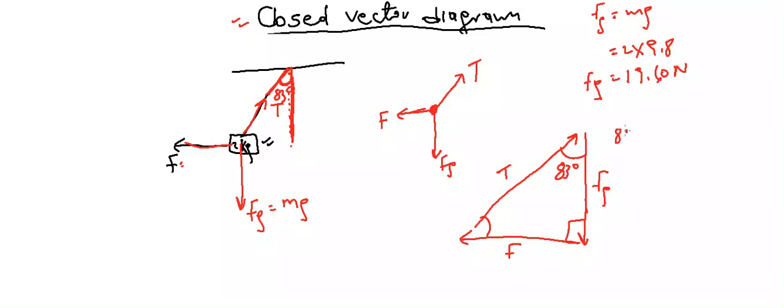So we have 83 plus 90 degrees plus the angle we don't know, this angle. Let's say that angle is theta, which is equal to 180. Then we use our calculator.